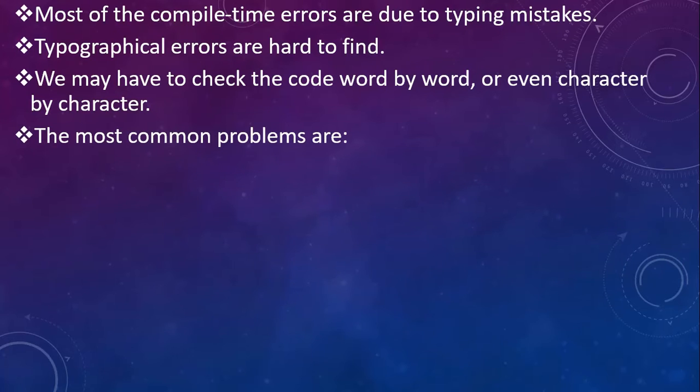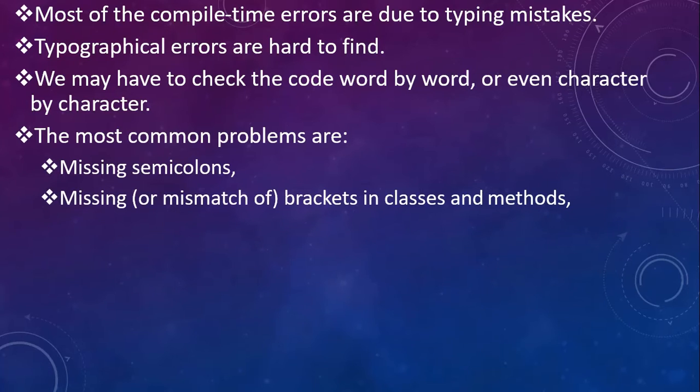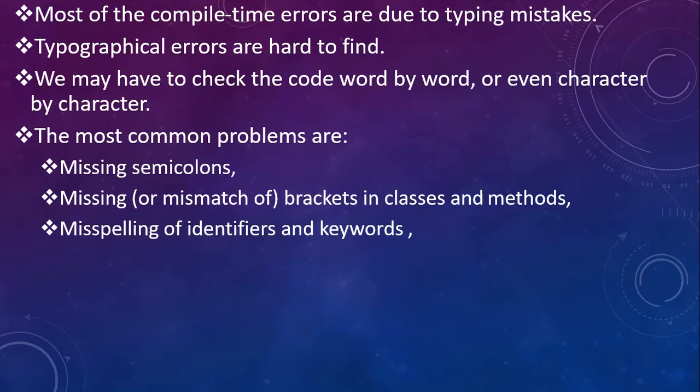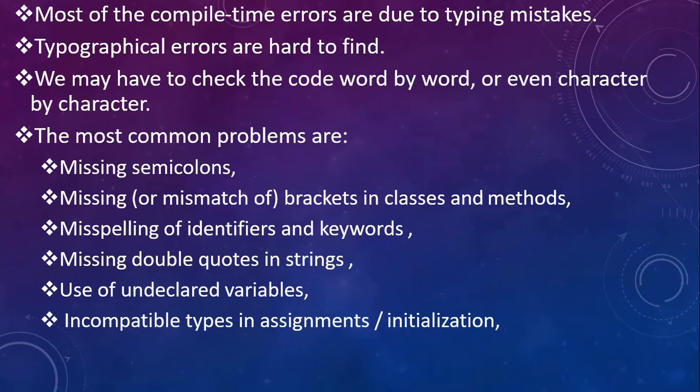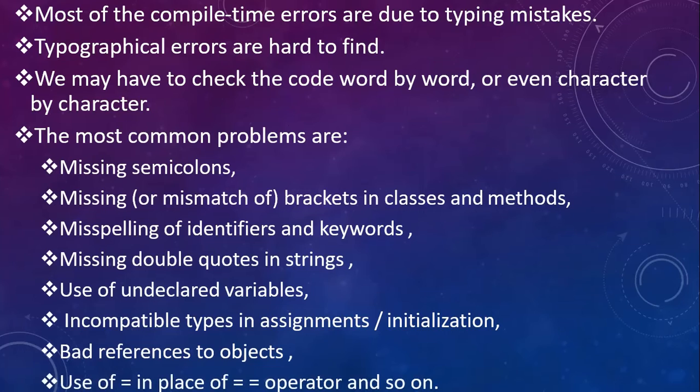The most common compile time errors or typo errors that we make are: missing semicolons, missing or mismatched brackets in the classes or methods that we define, misspelling of identifiers and keywords, missing double quotes in strings, use of undeclared variables, incompatible types in assignment or in initialization, bad references to objects, and use of assignment operator in place of equality operator, and the list continues.